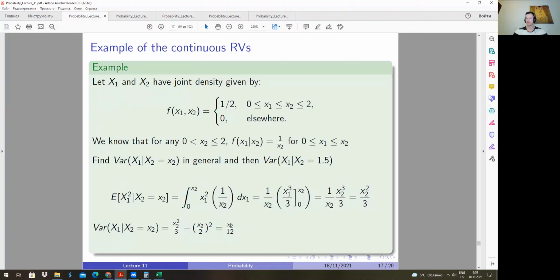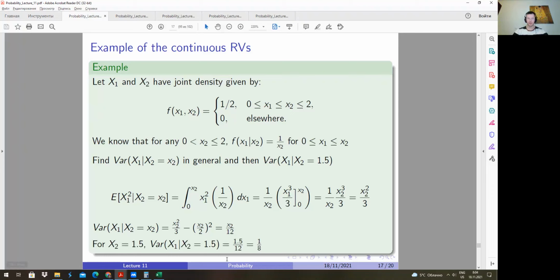Oops, sorry, it must be x squared over 12. Yeah, there is a typo. Not x2 over 12, but x squared over 12. Make note of the changes.